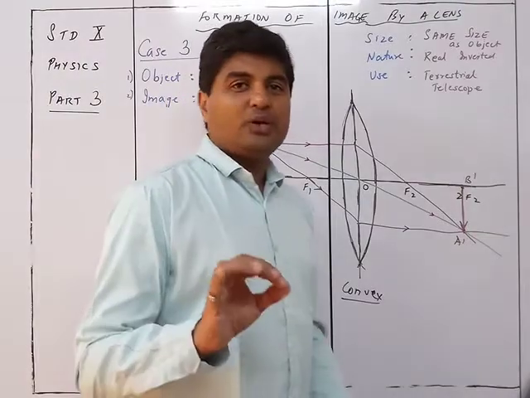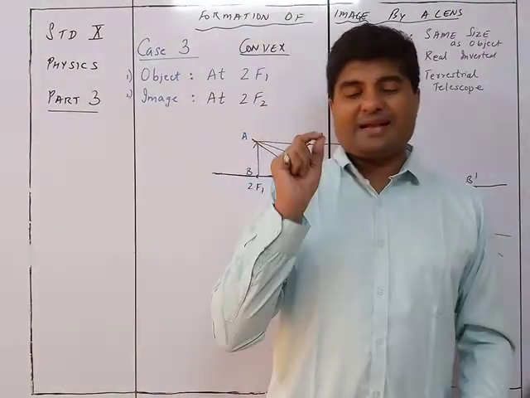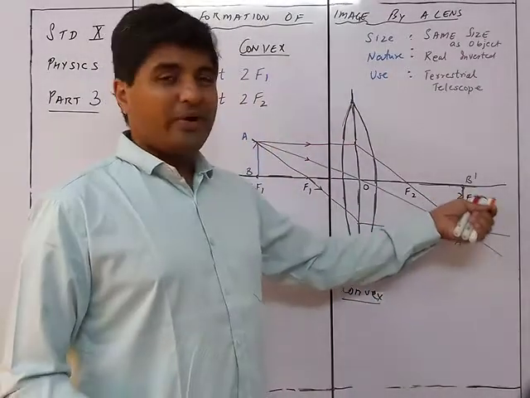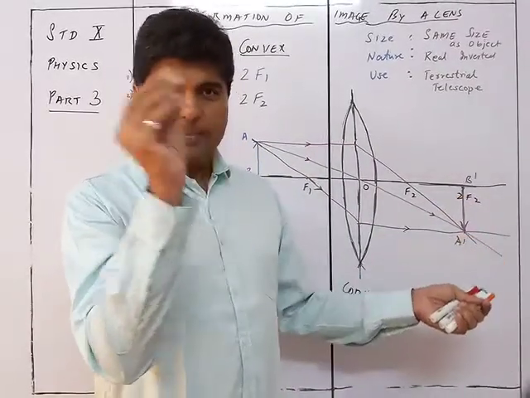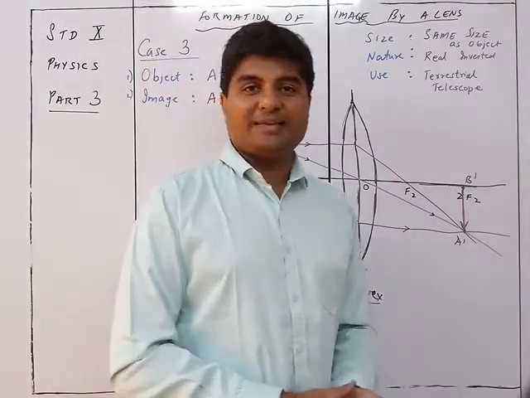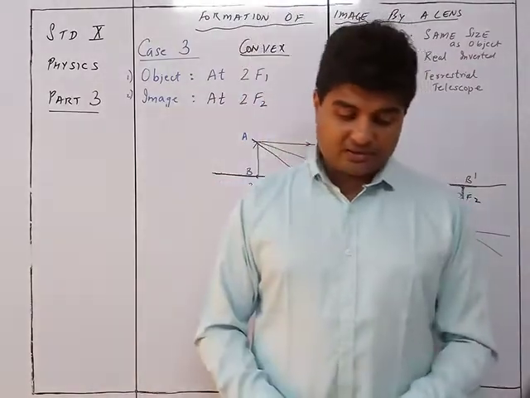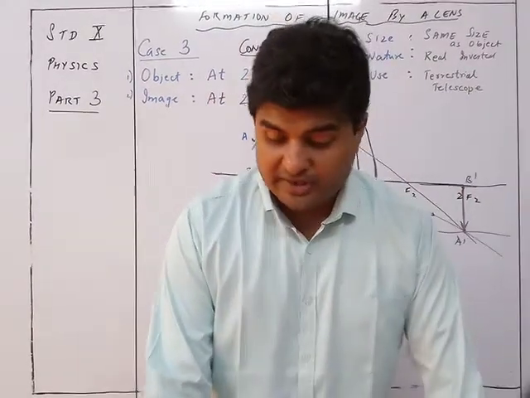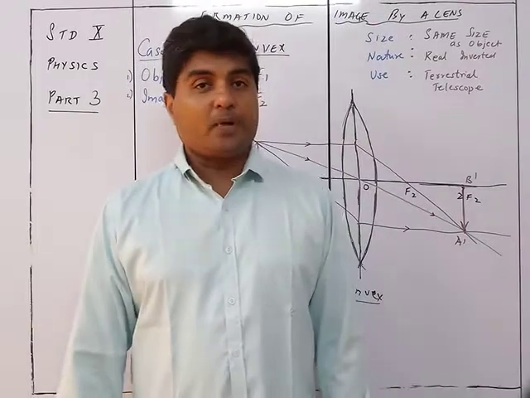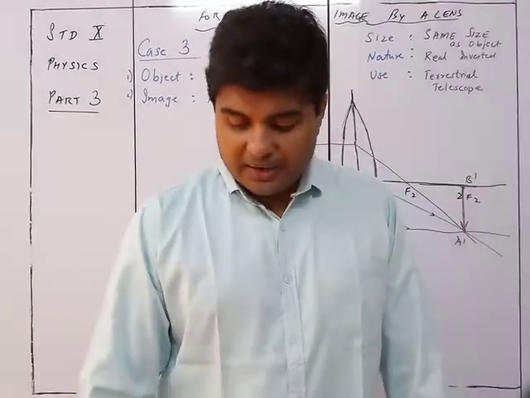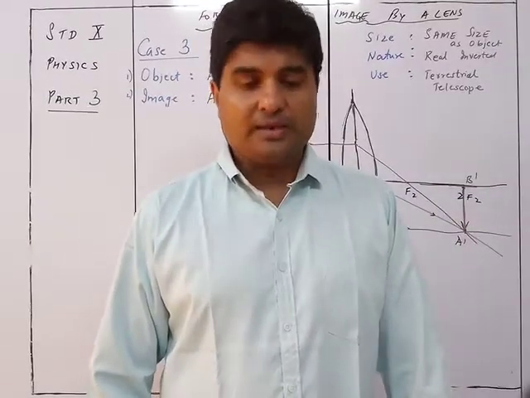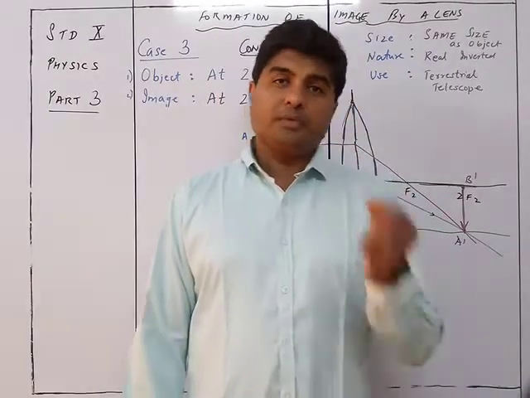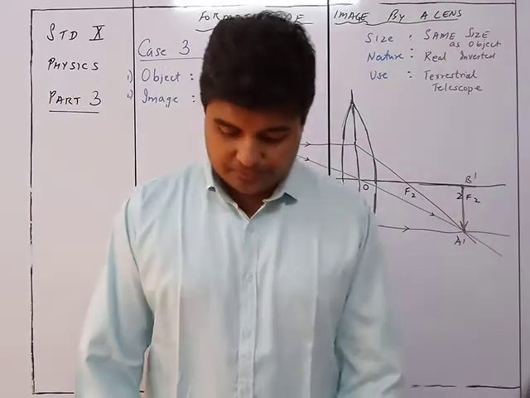So see to it that you are getting the image exactly the same as the object and the image at 2F2. If you want, you can even shift the point 2F2 a bit here and there, so that your image is exactly at 2F2. I hope you understand this. This is just a small amount of manipulation which may be required. I'm not saying it is always required. If you are doing it properly, it will never be required. But in case you require it, you may need to do this from the marks point of view.